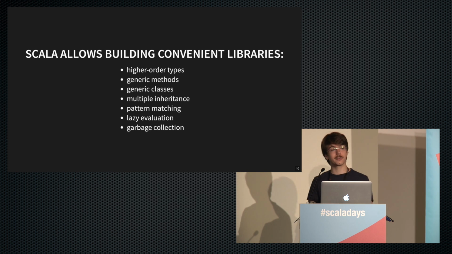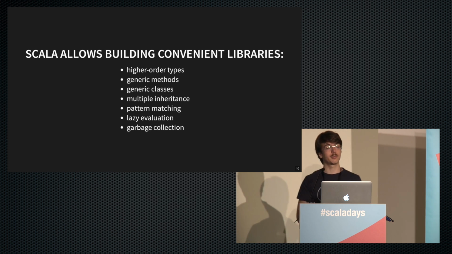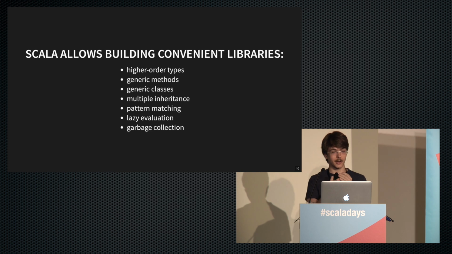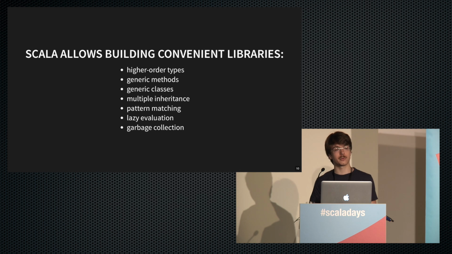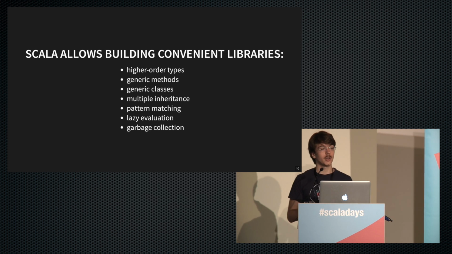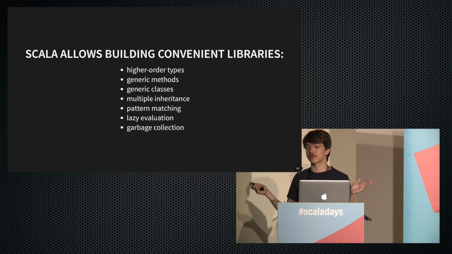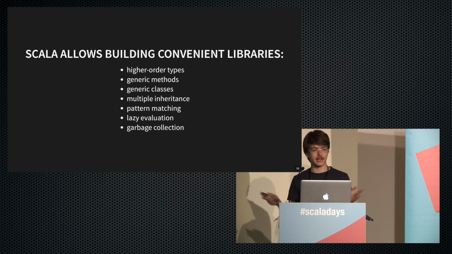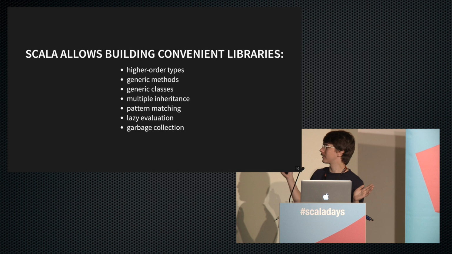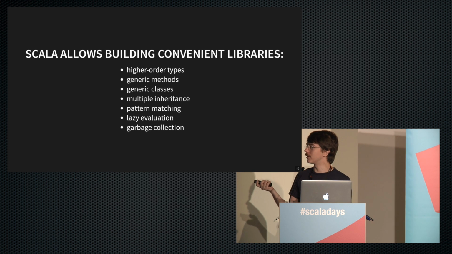It allows library authors to build awesome libraries which developers can use in a way which allows them to write a small amount of code, which allows them to reach their goal fast. They do it by having higher order types, which allow us to have Scalaz, shapeless, and all the funny stuff in the type level world.